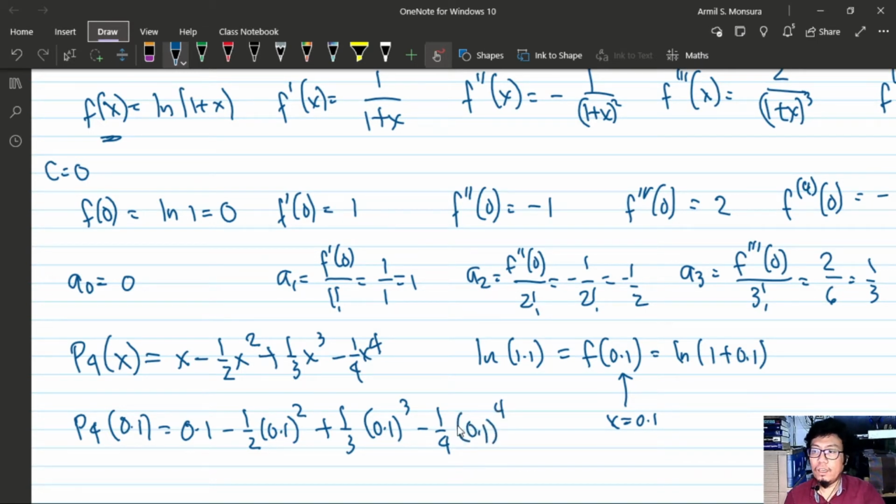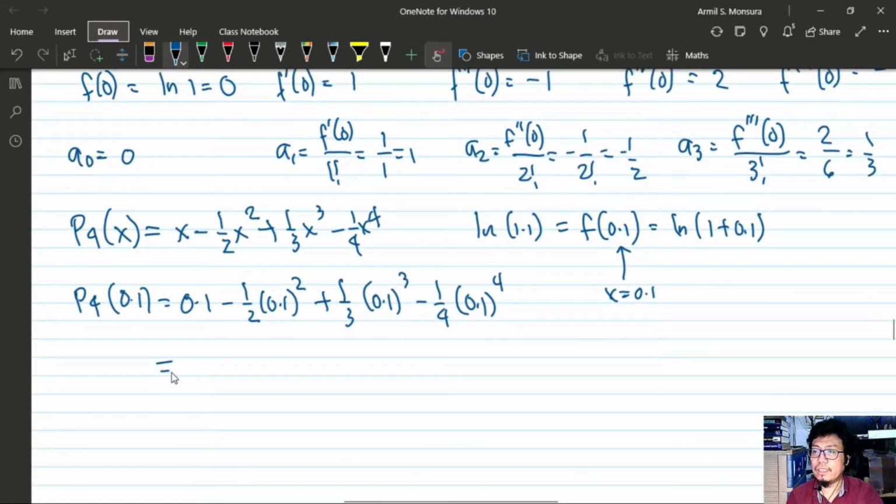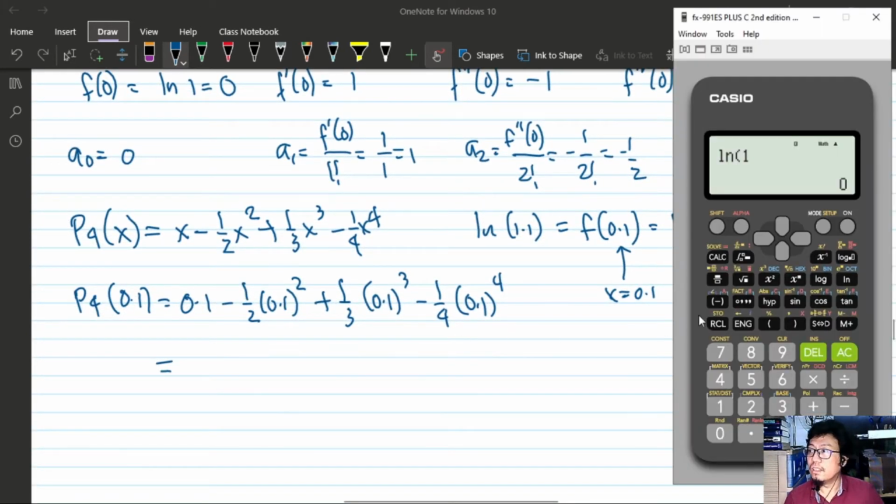We'll be able to compute that as 0.1 minus 1 half times 0.1 squared, plus 1/3 times 0.1 cubed, minus 1/4 times 0.1 raised to 4.